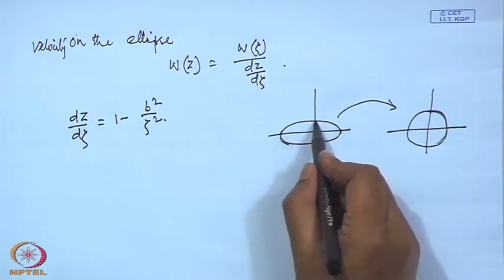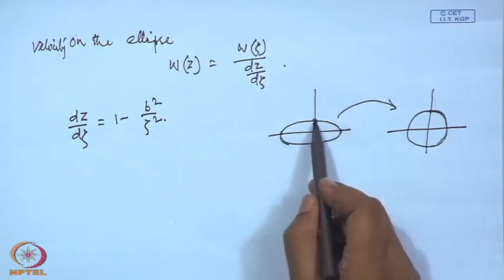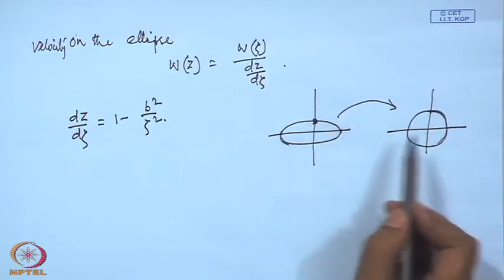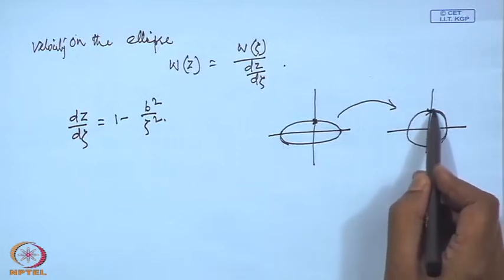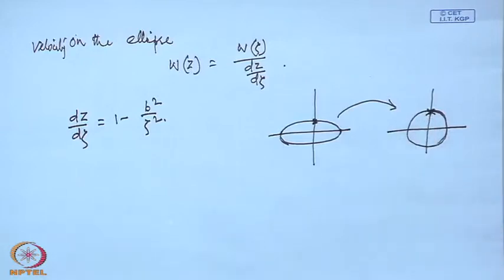So, this is the point where we are interested to find the velocity. To which point has this transformed? Theta equal to pi by 2, this point. What is this point? It is i r.